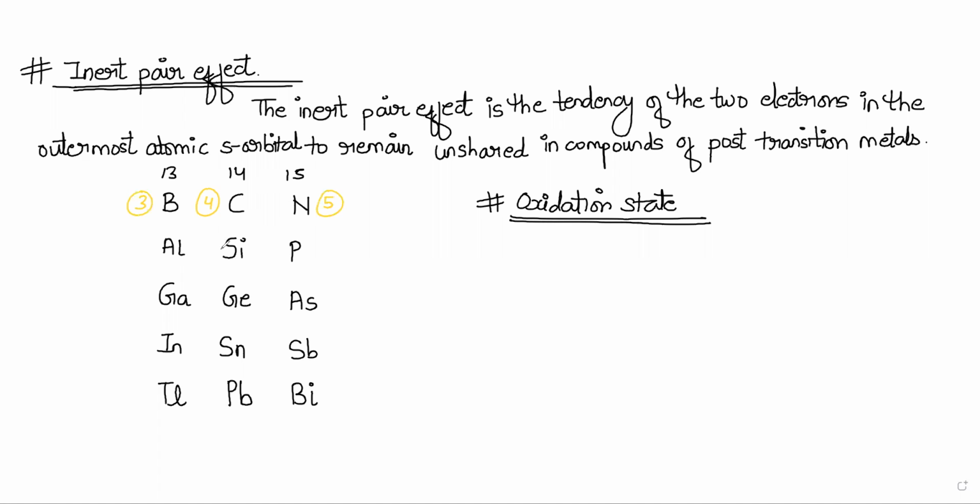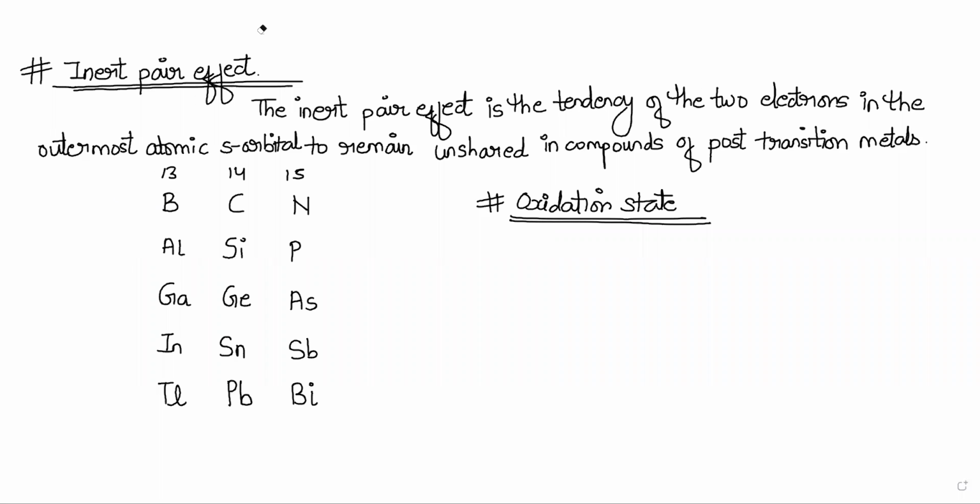So the maximum oxidation state for group 13 will be +3, for group 14 it will be +4, and for group 15 it will be +5. This is the maximum oxidation state I'm talking about.